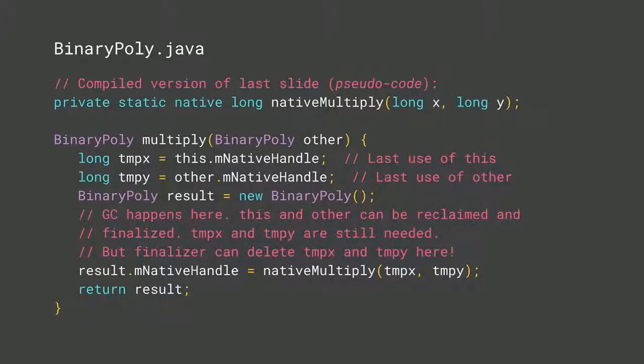So what happens when I want to multiply two values, I first end up retrieving the native handles from both of them, in this case from this, and I may put this in here explicitly to make that clear. So I retrieve mNativeHandle from this, and I retrieve mNativeHandle from other. Then I might allocate the new binary poly object, and then I will go ahead and call the native method.